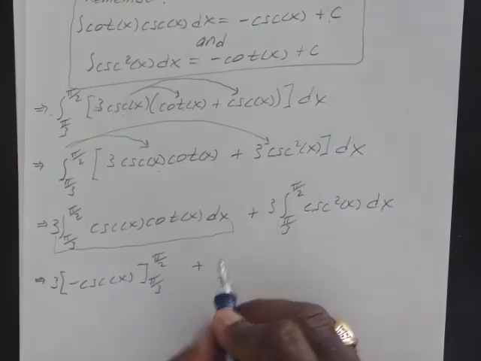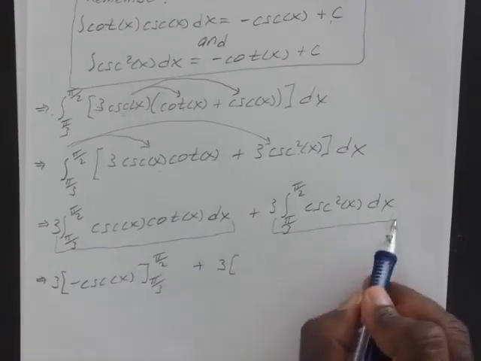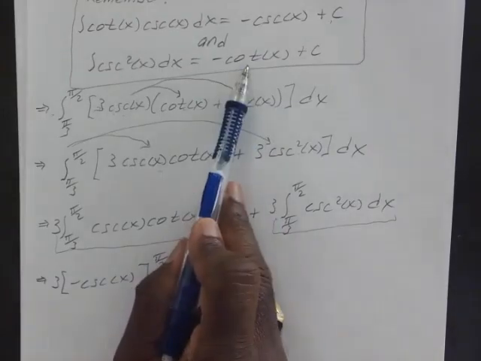Plus, go ahead and bring that 3 out to the front. And we know that the integral of cosecant squared is negative cotangent.